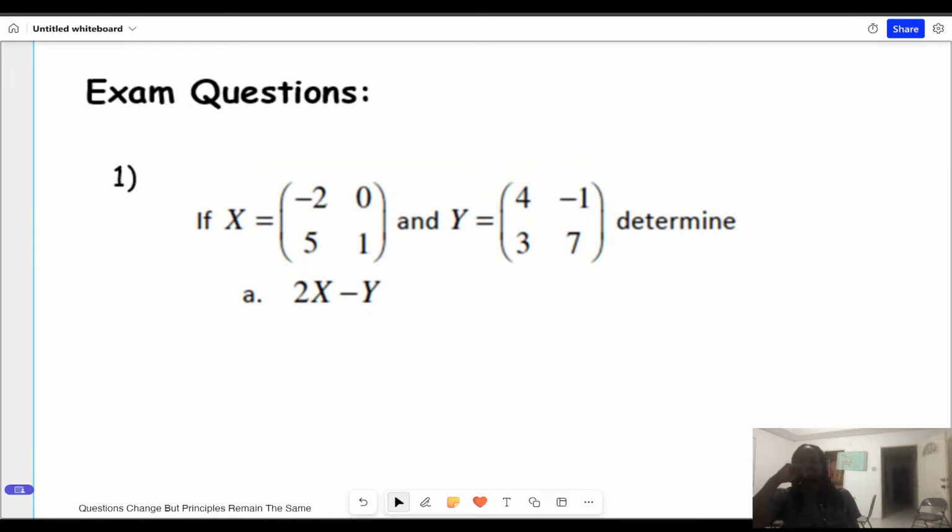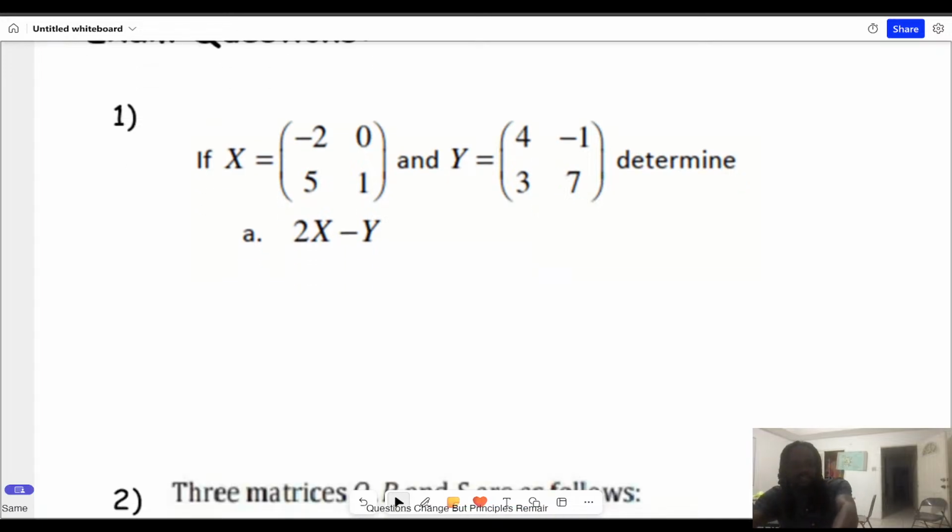If x is equal to negative 2, 0, 5, 1, and y is equal to 4, negative 1, 3, 7, work out 2x minus y. See if you can work out 2x minus y.